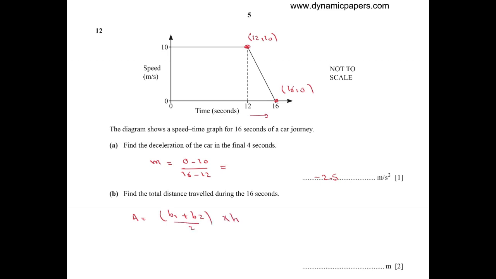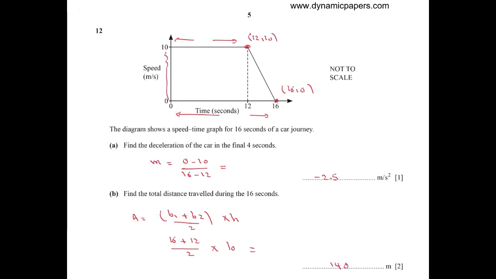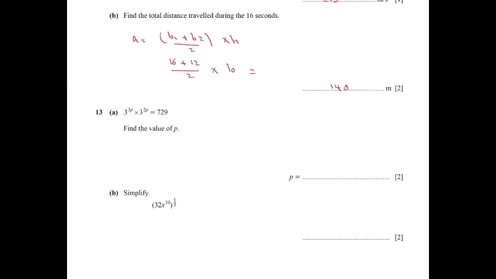Base 1 is equal to 16 plus base 2 is equal to 12, divided by 2 times height, and the height is 10. Using your calculator, 16 plus 12 over 2 times 10 equals 140 meters. This is question 12.